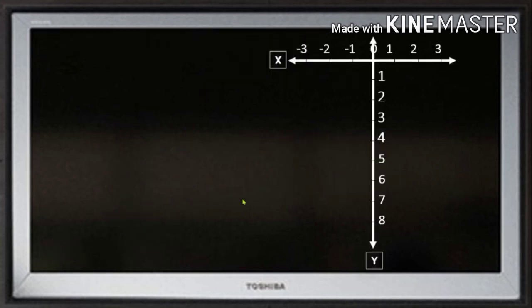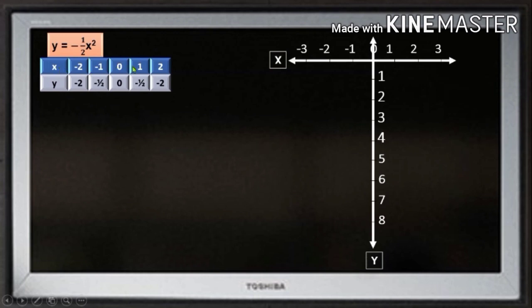So let's have another set of quadratic functions. This time we have y equals negative 1/2 x squared, and in its table of values, we have the values of x with the corresponding values of the function y. Still, we observe there is a reflection of values of the function.